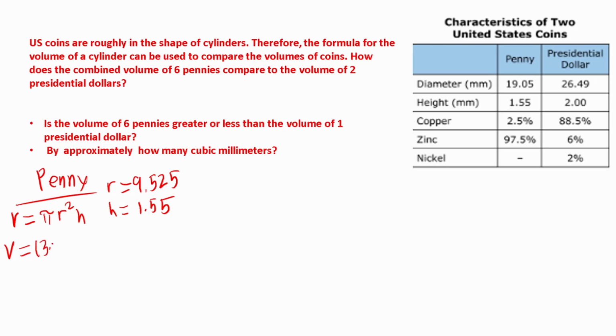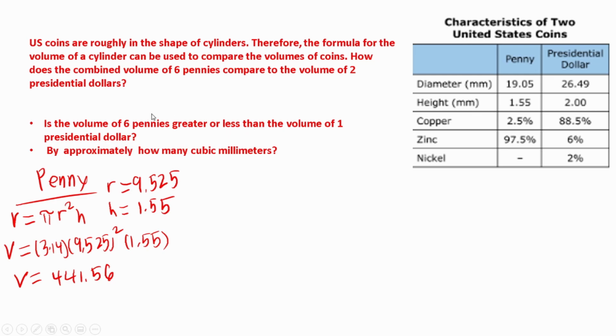So we get 3.14 times 9.525 squared times 1.55. And we put this in our calculator and click enter. And we're going to get about 441.56.